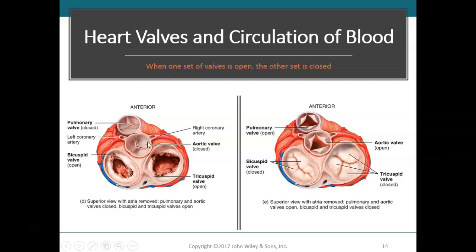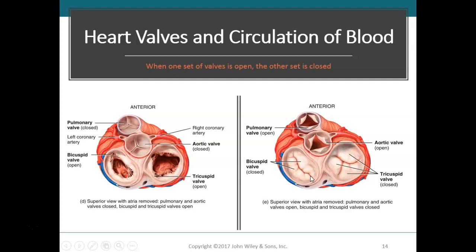Remember, those are the semilunar valves, and those are the ones that allow blood to be pushed out of the ventricles. So if these are closed, that means the ventricles are filling. So your atrioventricular valves, your bicuspid valve and your tricuspid valve, are open. So the ventricles are filling.